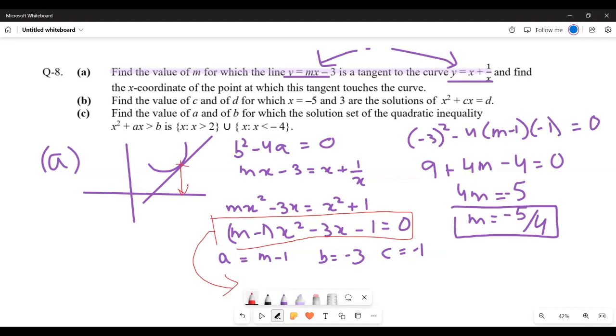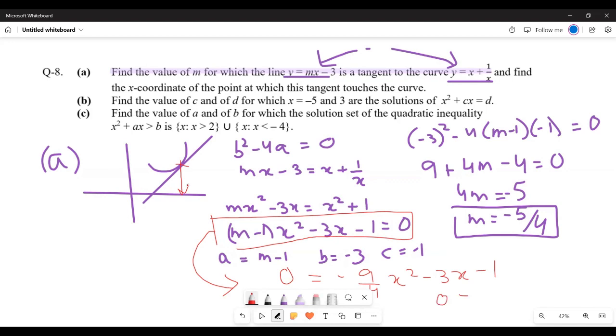When you substitute m, you'll get 0 equals m minus 1 would be minus 5 by 4 minus 1, which gives what? Minus 9 over 4. I guess minus 9 by 4. Yes, it is. That x squared minus 3x minus 1. I'm going to multiply both sides with minus 4.